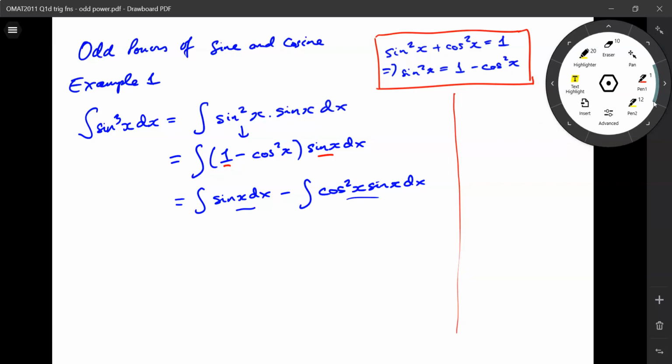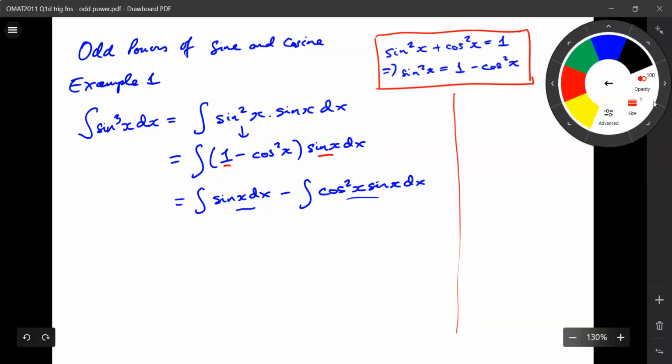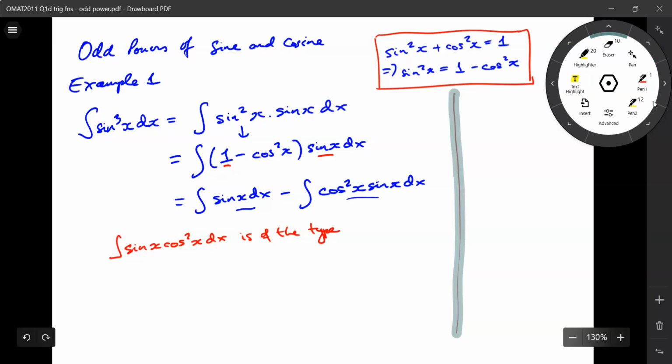And the basic gist of it is, this expression here, sine x cosine squared x dx, is of the type: the integral of the derivative of f of x times f of x to the power of n.